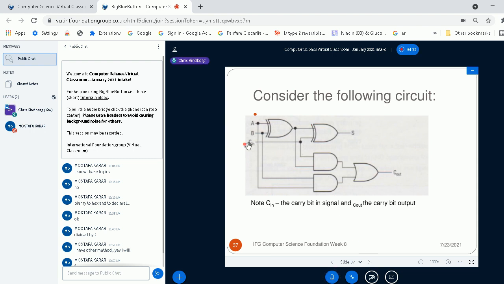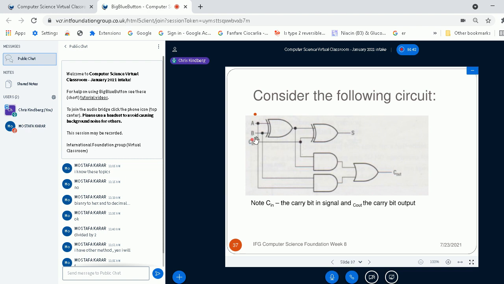So I've got a carry bit coming in from a previous unit. I've added two bits and I'm now passing a carry bit to this particular adder for the second bit.